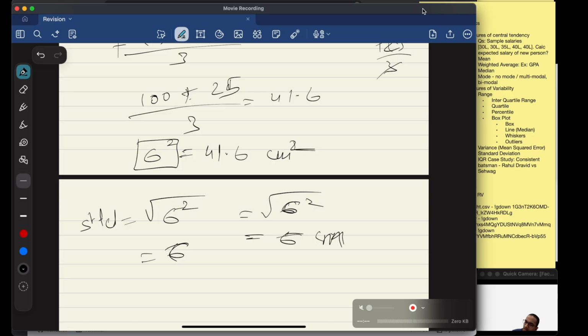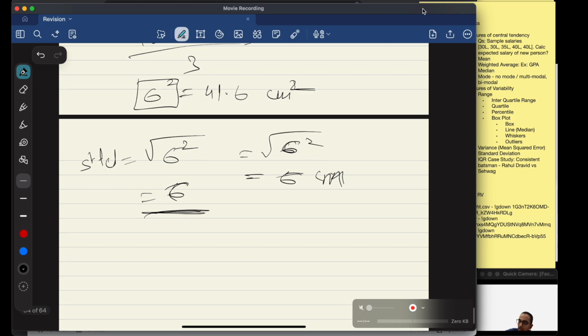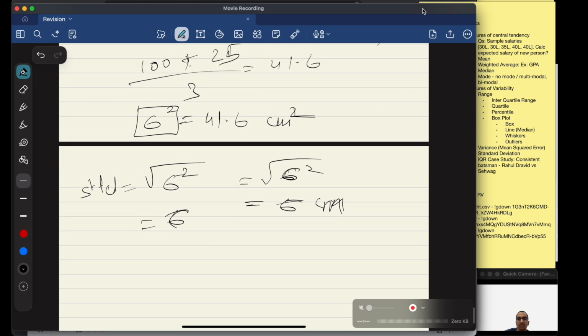So as you can see, the more commonly used one is standard deviation, something that we use to communicate to humans. Variance is used in different statistical methods, as we'll see in future classes in hypothesis testing and all that stuff. There's something called the ANOVA test, and regression, and in different other statistical procedures we use variance.